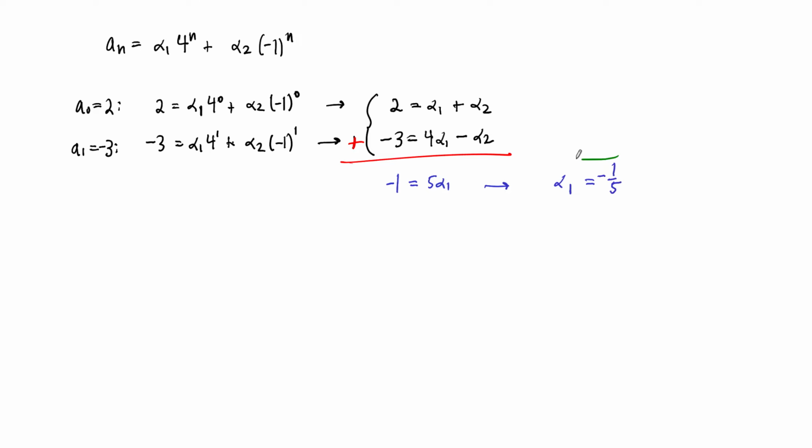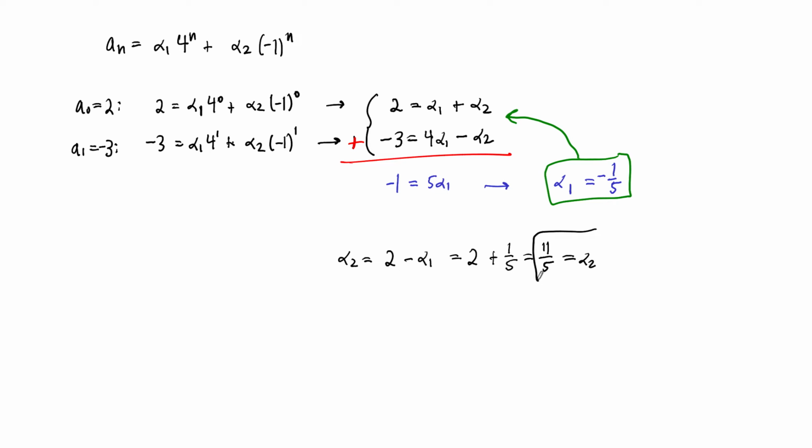Once we know what alpha 1 is, we can plug into either one of these equations to solve for alpha 2. The first equation is very easy. It says that alpha 2 is equal to 2 minus alpha 1, which is 2 plus 1/5, which is 11/5. And so this is our alpha 2. Now the last step is to go back, plug those into our equation, and write down the solution to our recurrence relation.